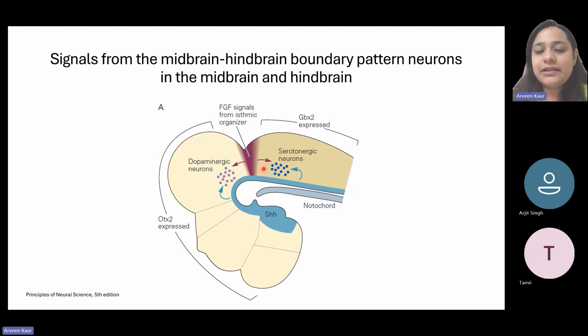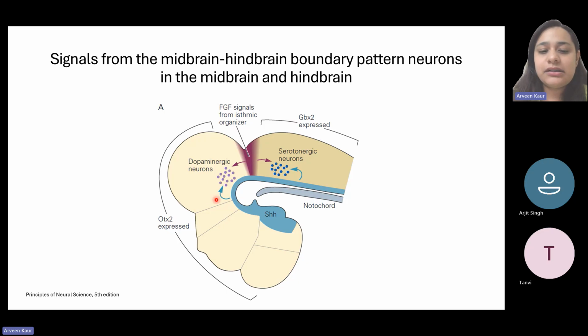neurons, right? Then again, in the hindbrain region, along with this sonic hedgehog signaling, the notochord is also giving other mesodermal signals, and GPX2 also is expressed. So this combination will lead to formation of serotonergic neurons over here.